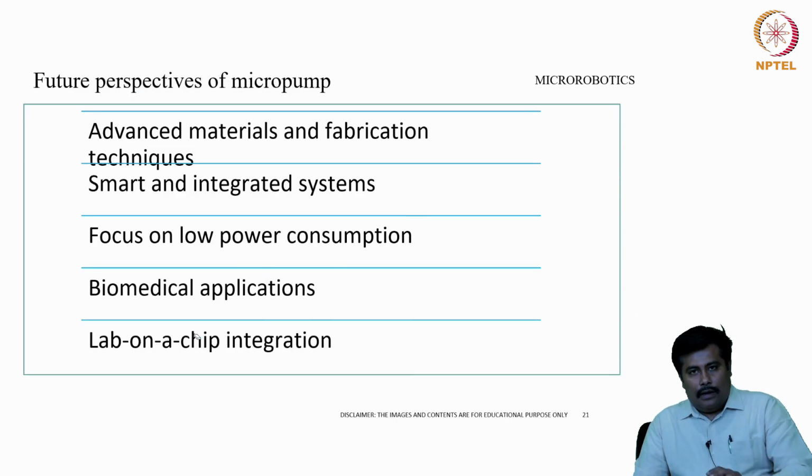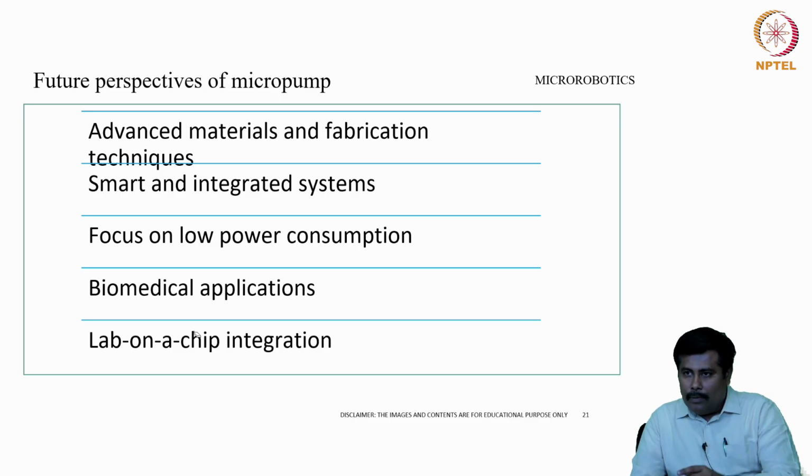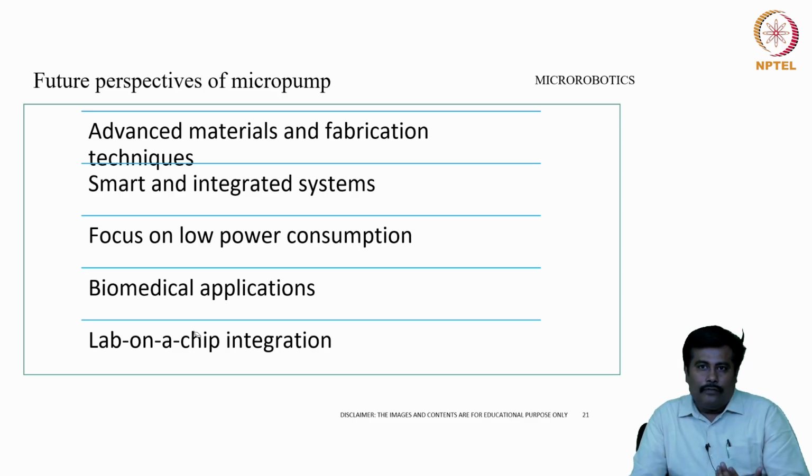Now, overall, to summarize with reference to micropumps, we have seen the different configurations of micropump. We have seen the overall evolution of the micropump. We have also discussed the different microfabrication techniques which are employed for micropumps, and different materials which are used for micropumps, as well as different actuation modes.